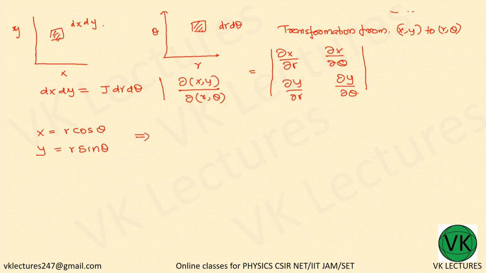So the Jacobian becomes: dou x by dou r is cos theta, and dou x by dou theta is minus r sin theta.